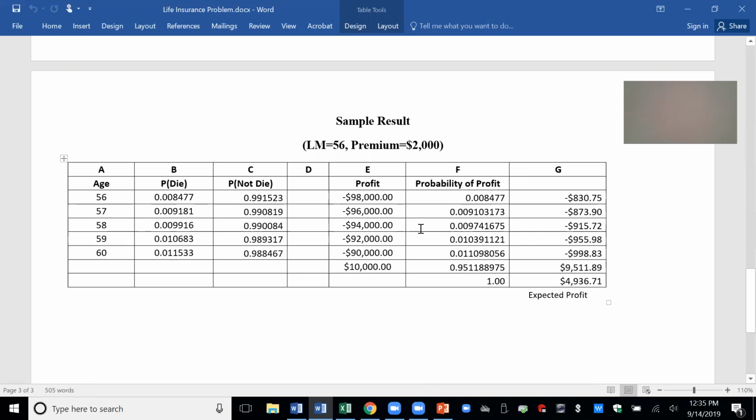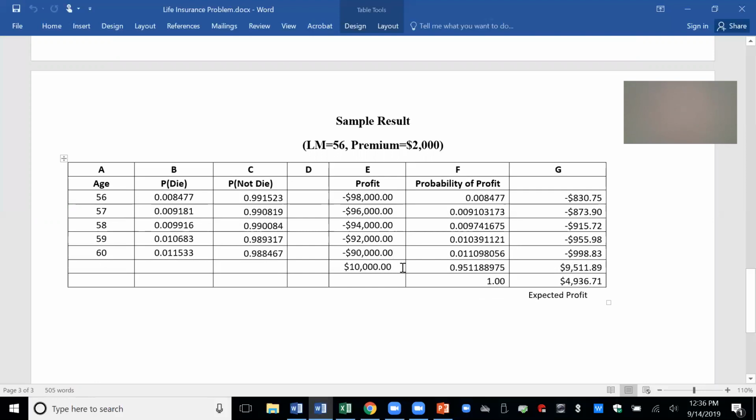You croak in year 2, they took in 2 years of 2,000 and pay out the 100,000. 58, 3 years of premiums were recorded minus the 100,000. 59, 4 times 2, $8,000 premiums, they lose 92, and then if you croak when you're 60 in the 5th year, the insurance company loses 90,000.